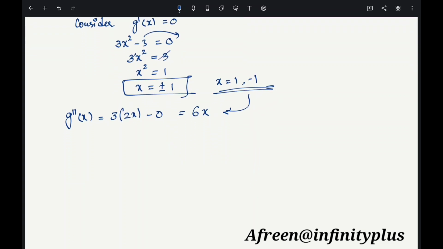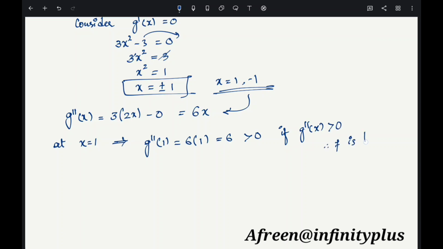Now we will be taking first at x is equal to 1. So what you will get? It is g double dash of 1 which is equal to 6 into 1 which is equal to 6, which is greater than 0. If g double dash of x is greater than 0, therefore f is attaining local minimum here at the point x is equal to 1.